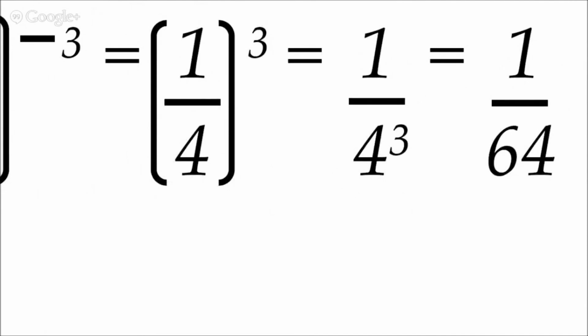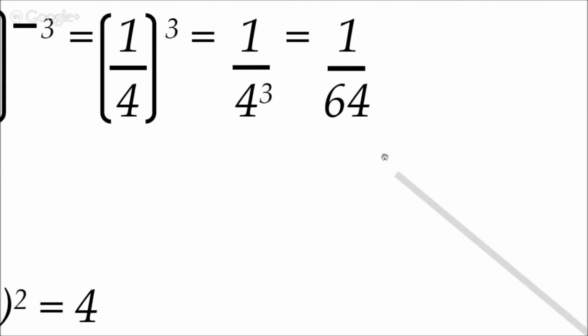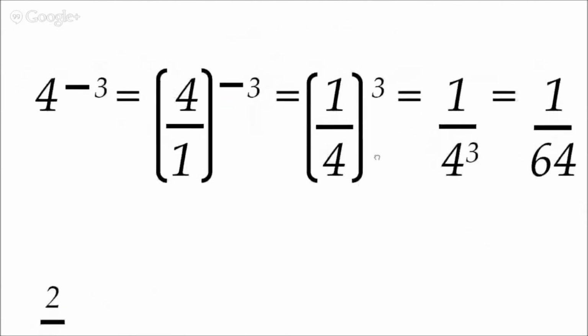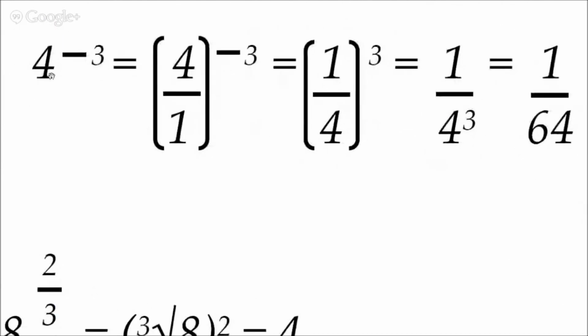Should I zoom out a tiny bit just to make that really easy to follow? Okay, so if that was 5 to the power minus 2, that would become 1 over 5 to the power 2. I hope you can see the pattern is very simple from here to there. You just simply go 1 over this thing without the negative bit.